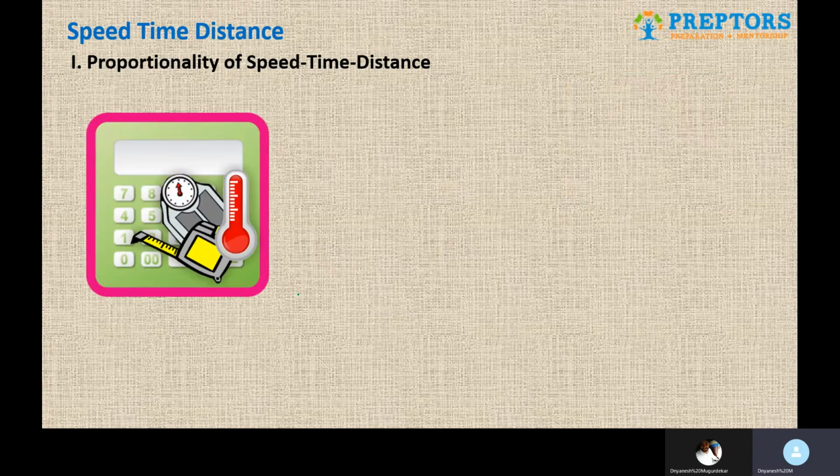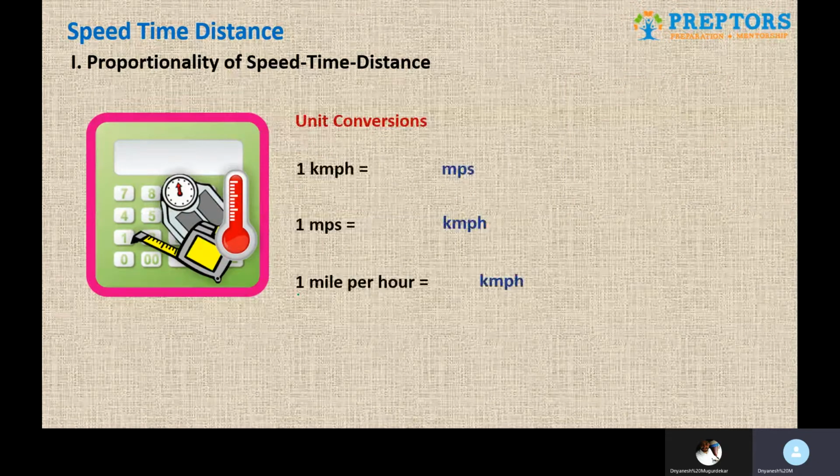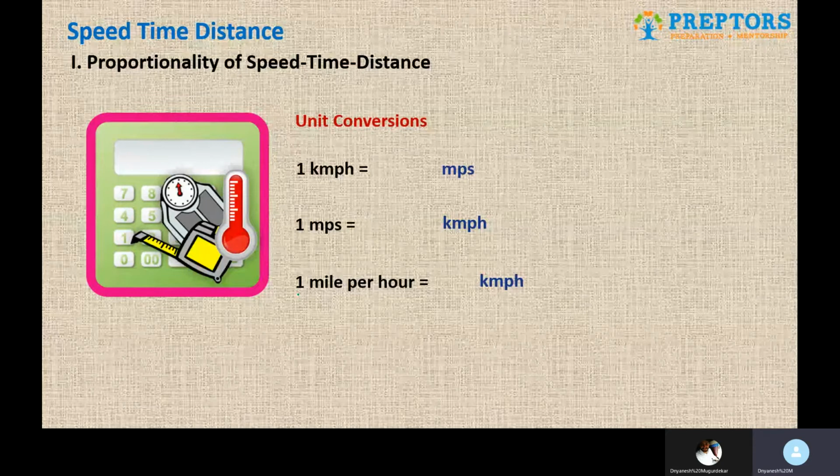Now some standard conversions that we would be requiring for problem solving. First one of them is how to go from kilometer per hour to meter per second. So to convert 1 kilometer per hour to meter per second, we will always multiply by 5 by 18. How do we arrive at that?